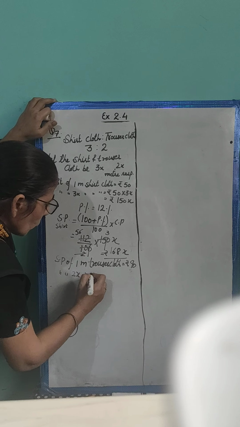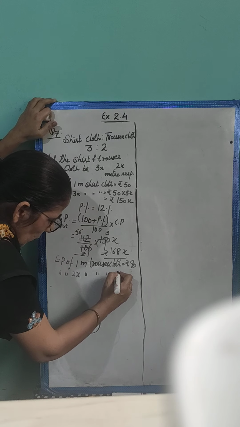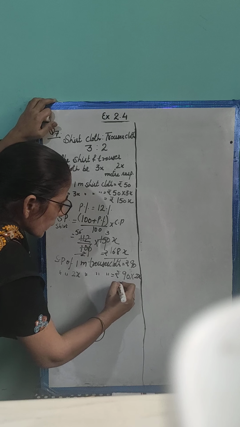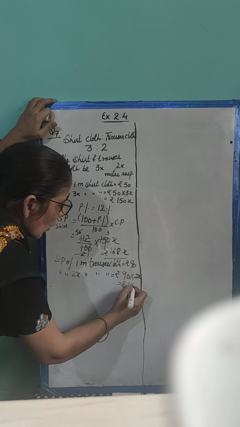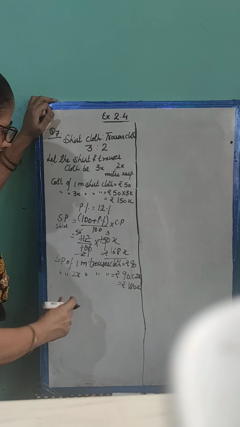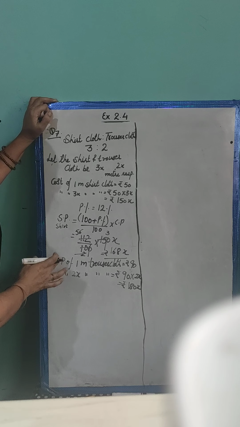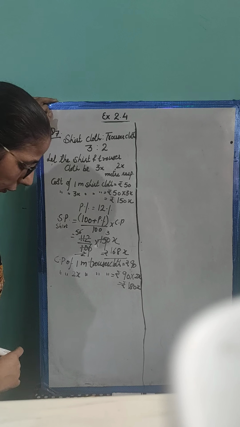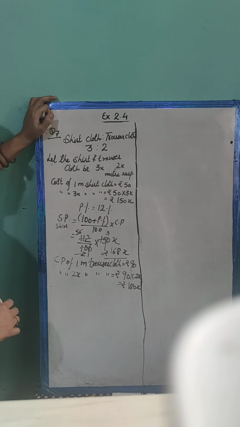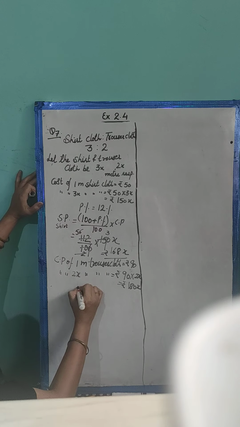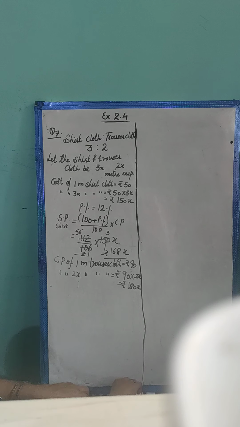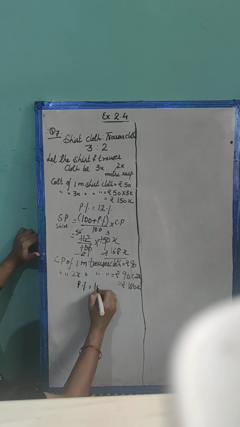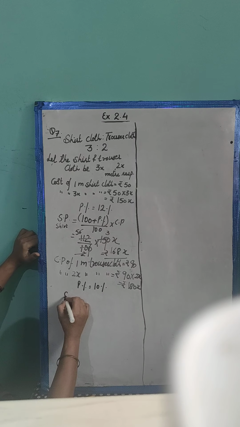SP of 2x meter trouser cloth is rupees 90 into 2x, that is equal to rupees 180x. This is not SP. SP नहीं है, ये CP है. और प्रॉफिट कितना दे रखा है? प्रॉफिट दे रखा है 10%. Profit percent 10%. So what will be the SP?